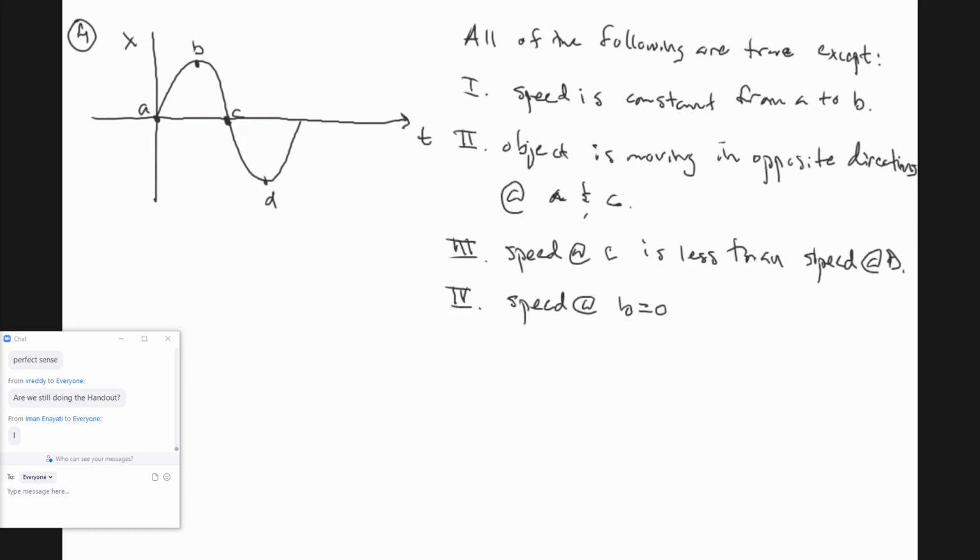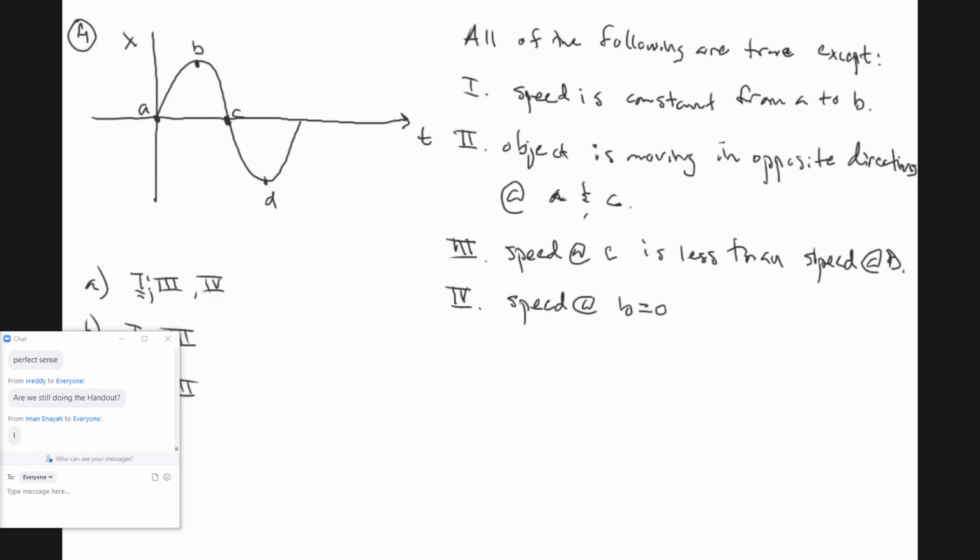So answer choices are as follows. A, 1, 3, 4. B, 1, 3. C, 2, 3.